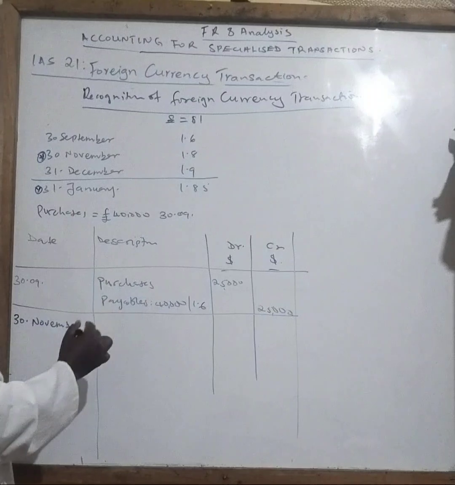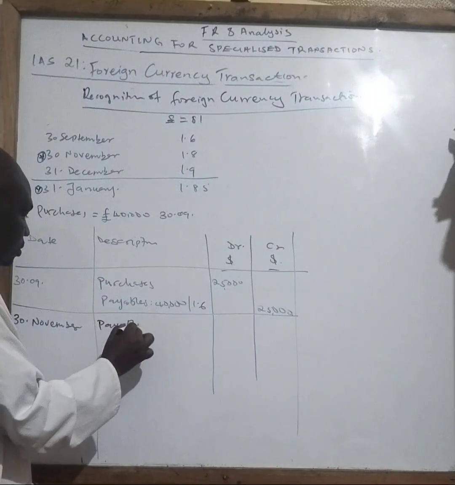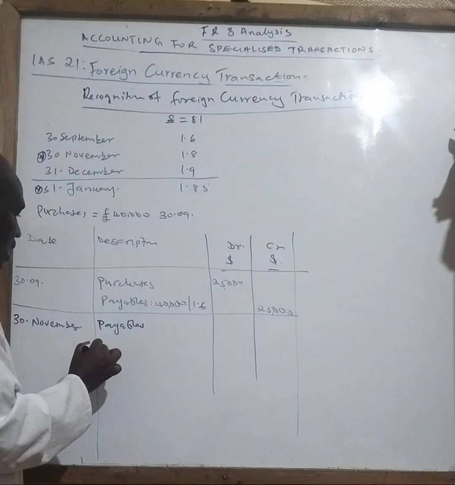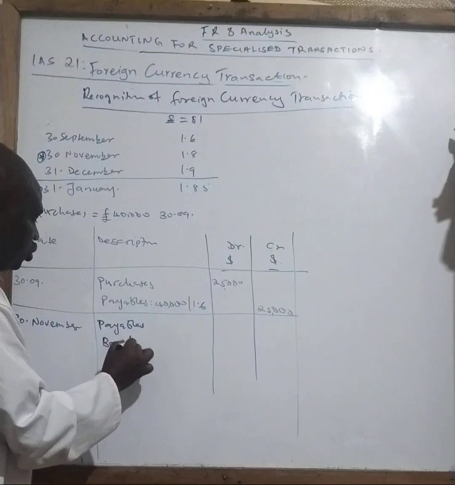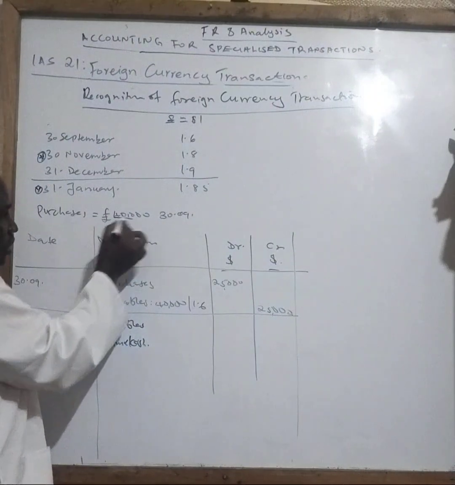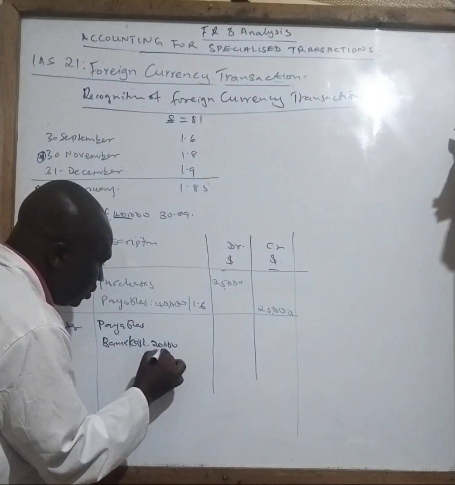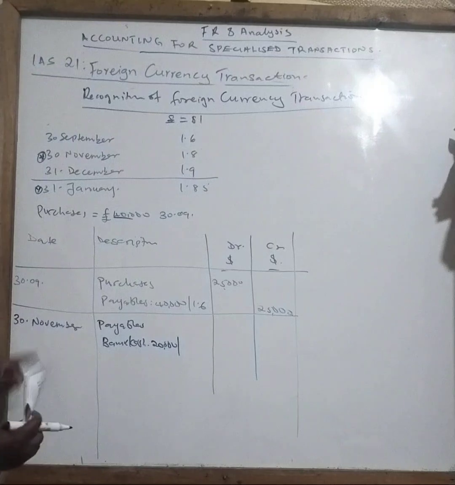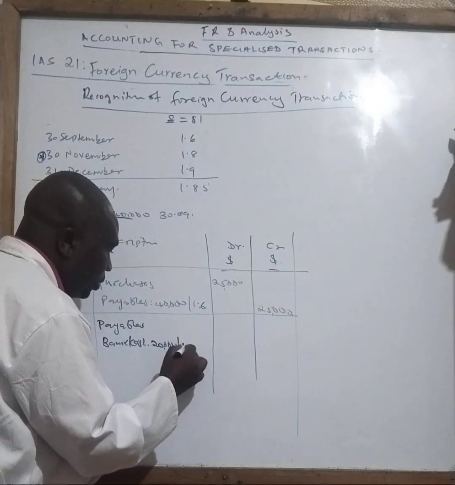So we debit what there? So we debit our payables. Then we credit our bank, or you can say cash. Okay? We are crediting bank. So 20,000 first installment. So you take now 20,000. You divide by the rate that prevails on 30th of November, which is 1.8.